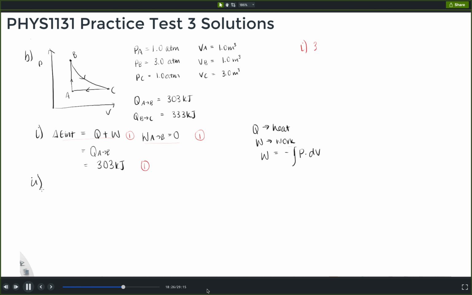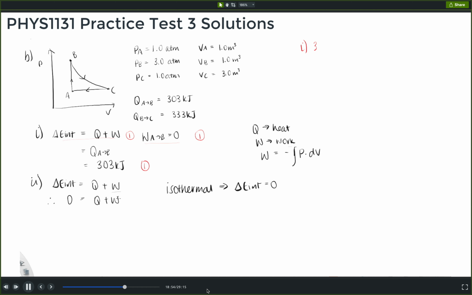Part 2I is asking us about the work done on the system as it goes from B to C. So we are asked about the work. We were told in the question that the process from B to C is isothermal. If it is isothermal, what does that mean for our change in internal energy? That means it is 0.